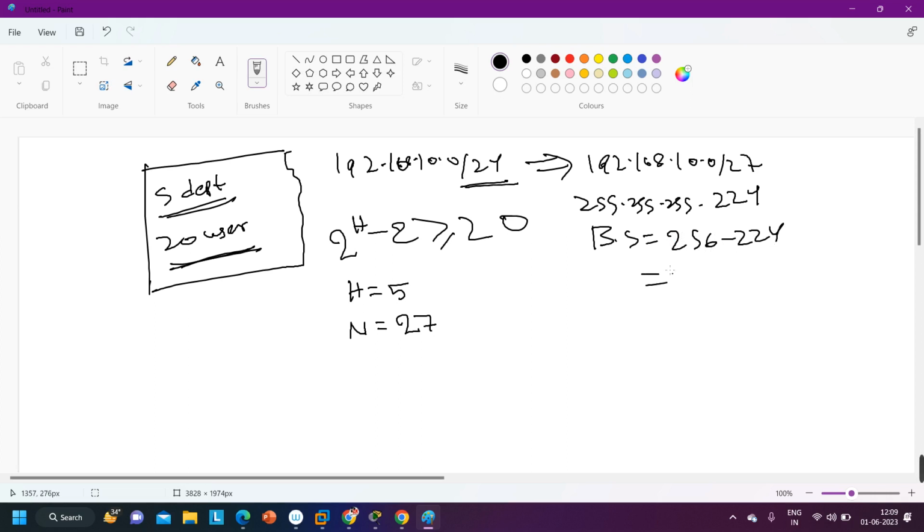What will the block size be? 32. Yes or no?